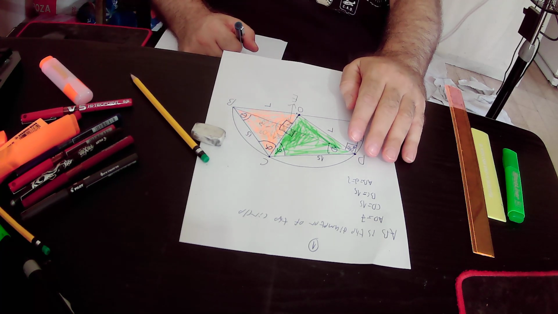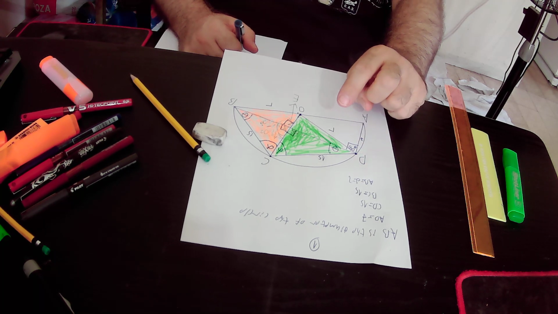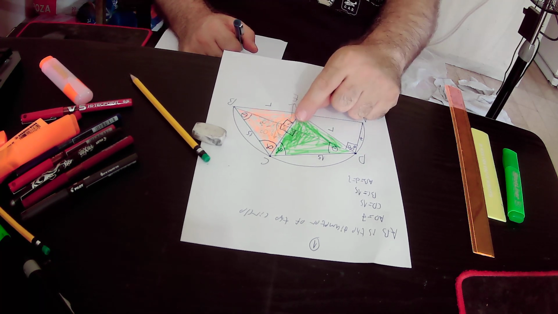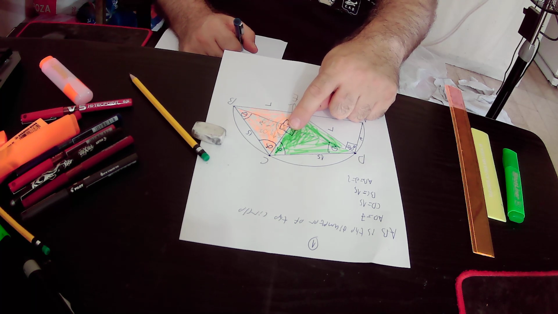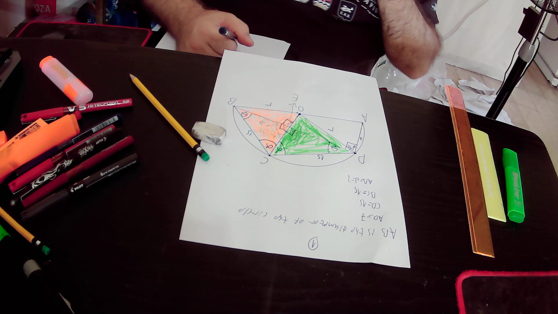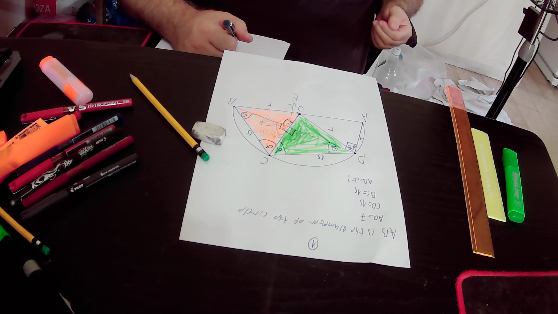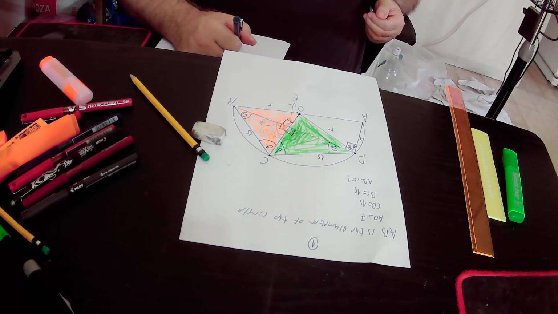So around point E, we have three right angles. The sum of those three right angles is equal to 270 degrees.